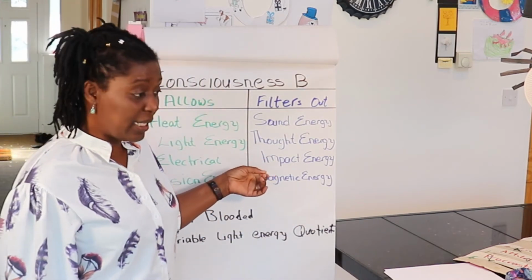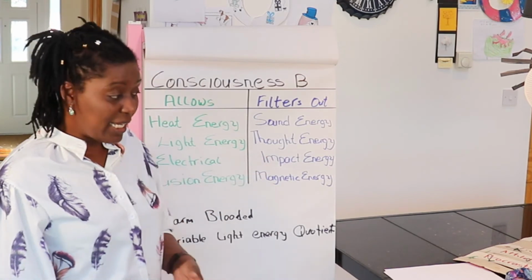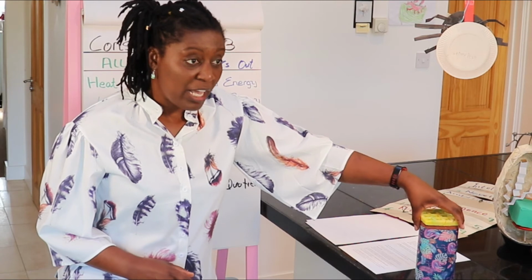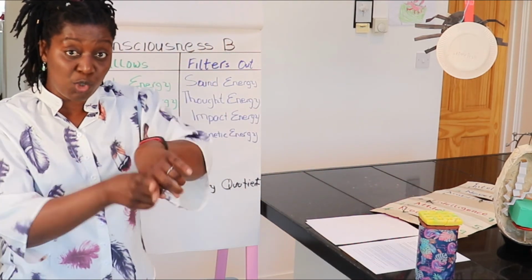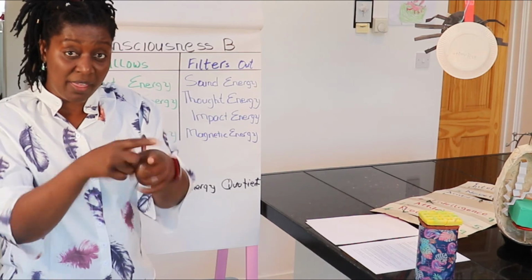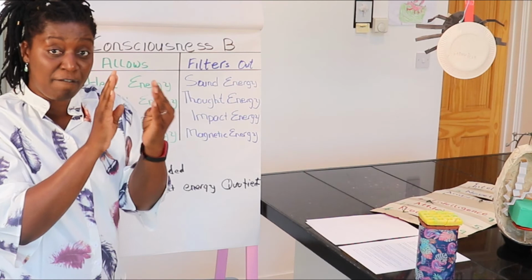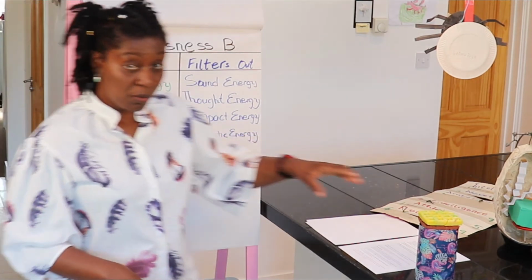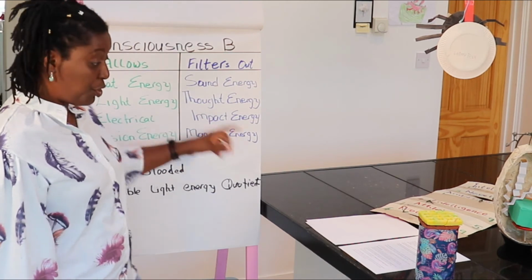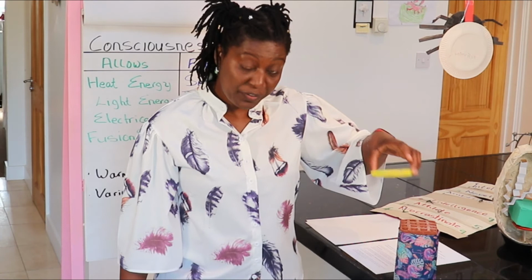I've talked about, I think in chapter 6, impact energy and magnetic energy, if they are in the same direction and twisted about each other, then those energies and the effect of those energies is neutralized.